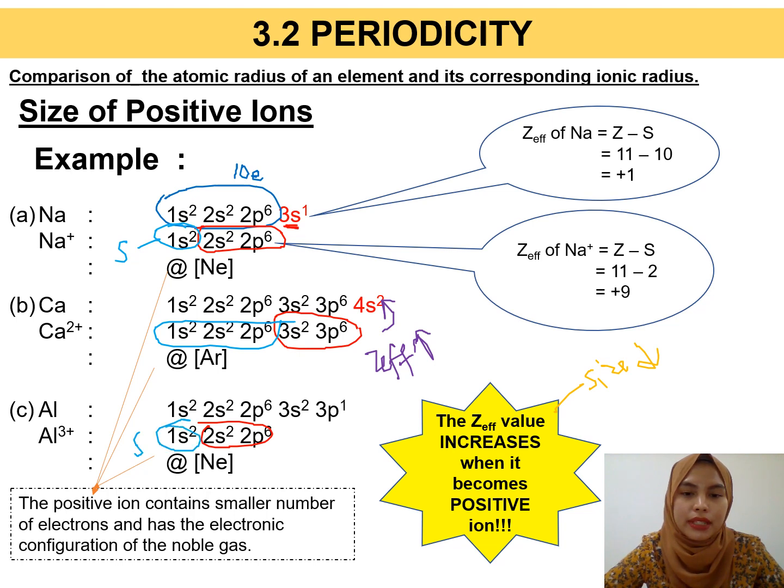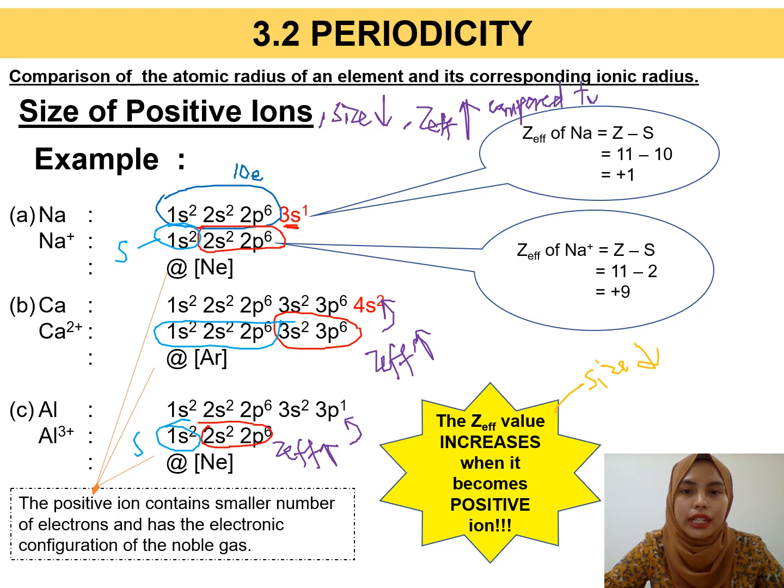But it's the same: for Al3 plus, the Zeff will be higher than for the neutral Al atom. Therefore, you know the size of positive ions is smaller because their effective nuclear charge increases compared to the neutral atom.